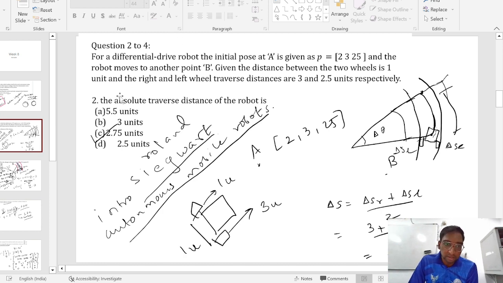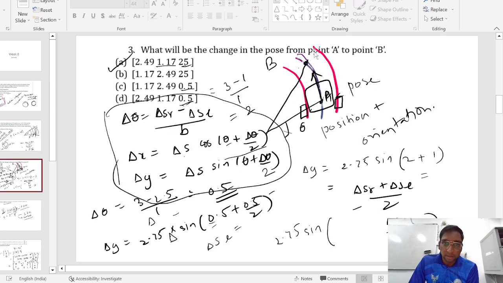Then what we have to find is the change in pose from A to B. When we say pose, it means the X and Y position along with the orientation. Delta theta is nothing but delta SR minus delta SL by B. When you substitute that, you get the answer.